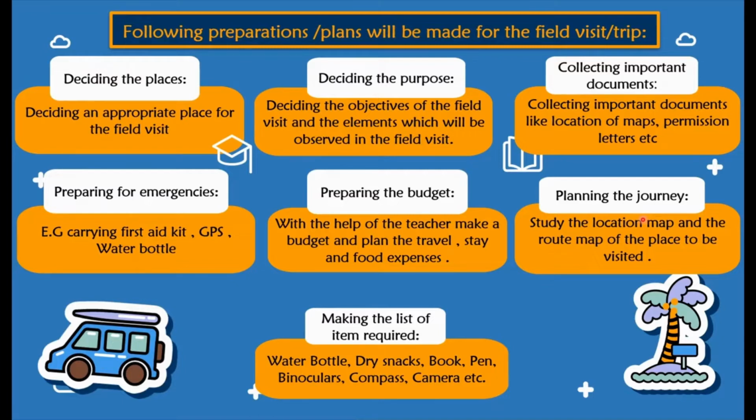Distance, transport route should be planned. Also, plan the time of departure and the entire schedule of the visit. The last one is making the list of items required. For example, water bottle, dry snacks, book, pen, pencil, binocular, compass, camera, etc.